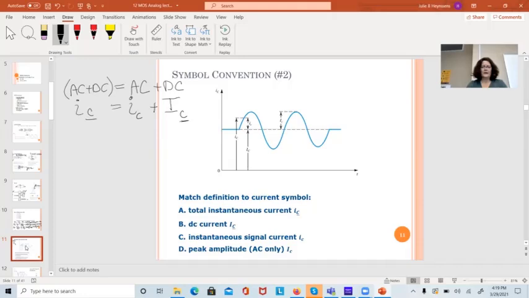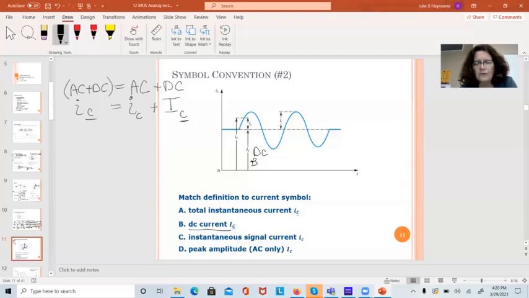So it's important to kind of know that convention. And if I look at this diagram, the DC part of the signal is big I, big C. So that's my DC part of the current right there, part B.